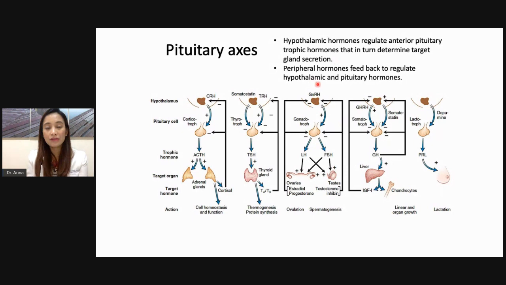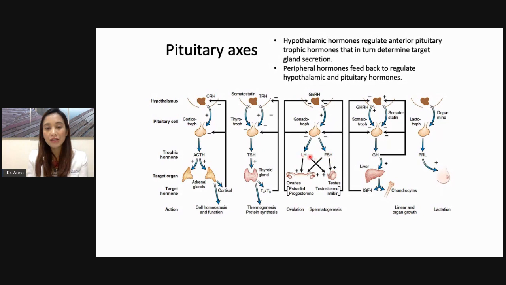The GnRH, or gonadotropin-releasing hormone, from your hypothalamus will act on the gonadotropes in your pituitary to stimulate the release of LH and FSH.